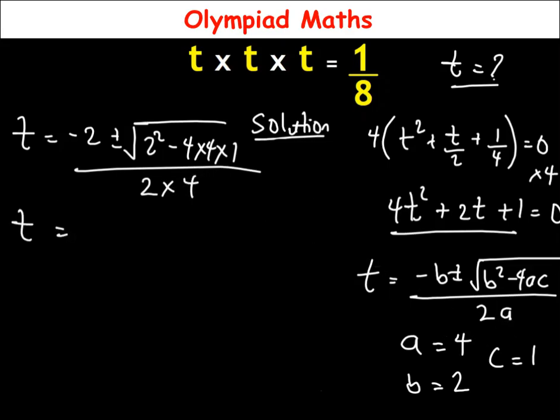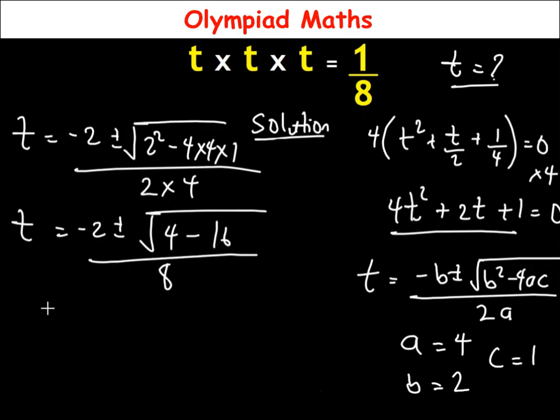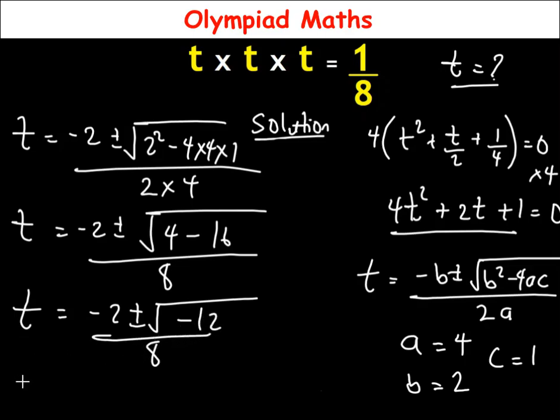So t is then equal to minus 2 plus or minus square root of 2 squared is 4, minus 4 times 4 is 16, times 1 is 16, all over 2 times 4 is 8. So t is then equal to minus 2 plus or minus square root of 4 minus 16 is minus 12, all over 8. So t is then equal to minus 2 plus or minus root minus 12 can be written as root minus 1 times root 12, all over 8.